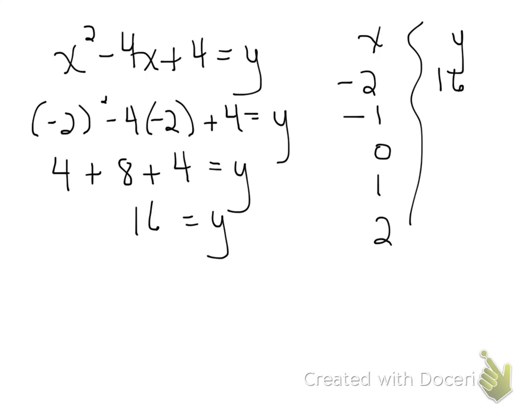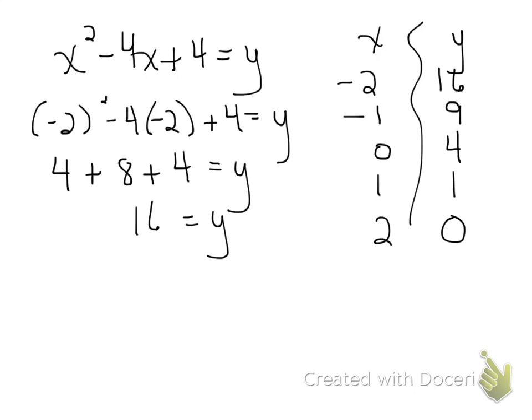So again, I expect you to do the work for this. Once you do the work, you'll see that at negative 1, it's 9. At 0, it's 4. At 1, it's 1. And at 2, it's 0.